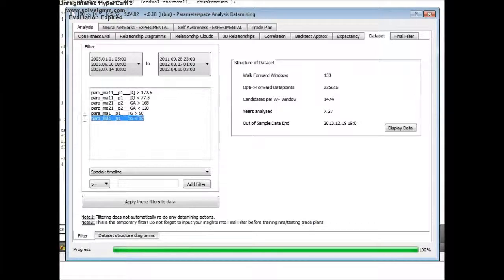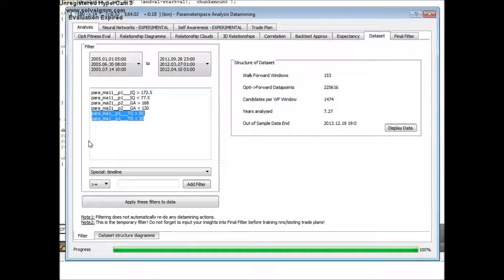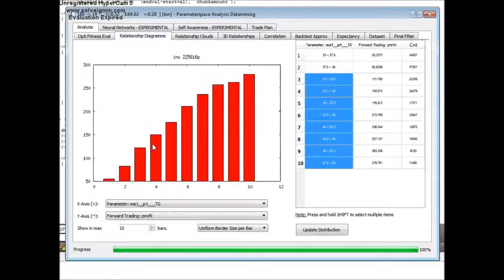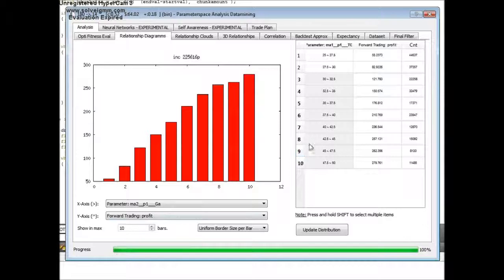Yeah, it was added. You can see that we only added it. Let's do this one too, well, now we use these bars. We added it, but we did not apply the filters yet. Let's first view the other exit parameter.